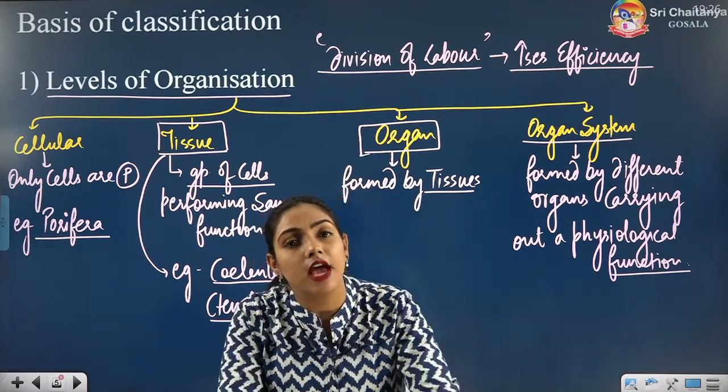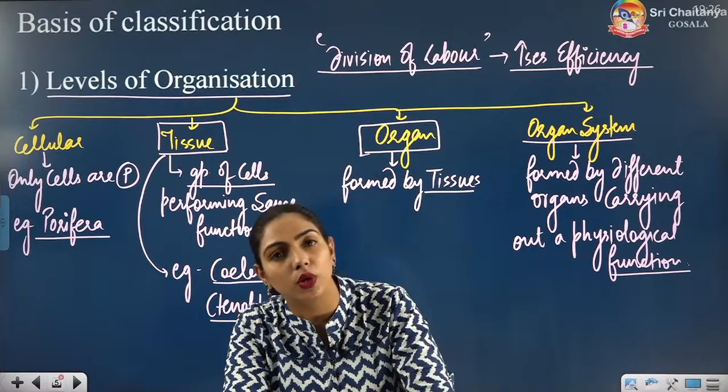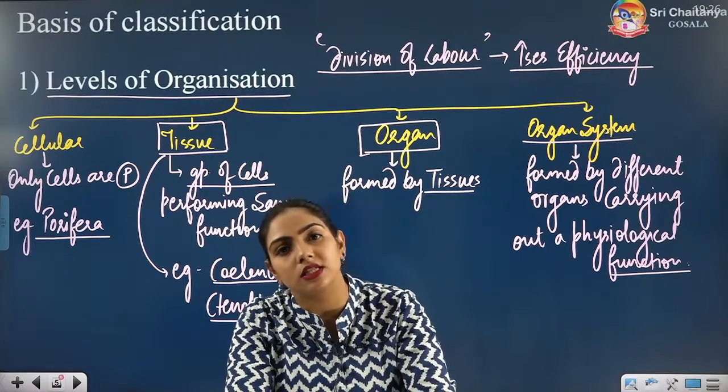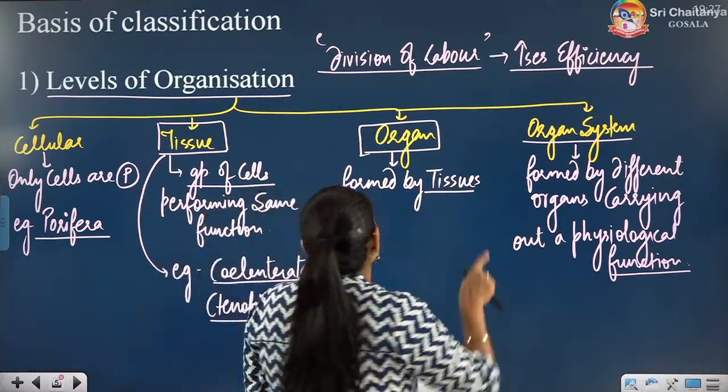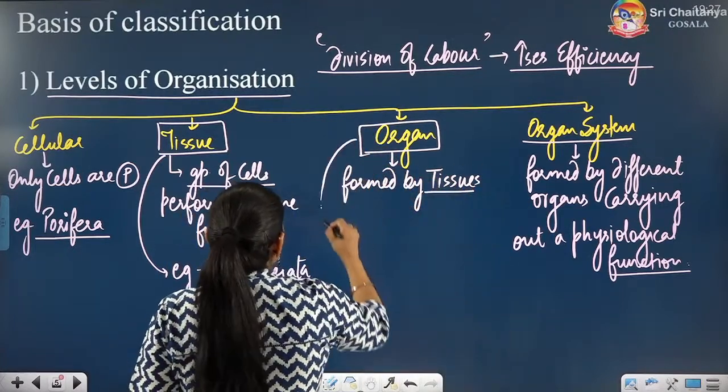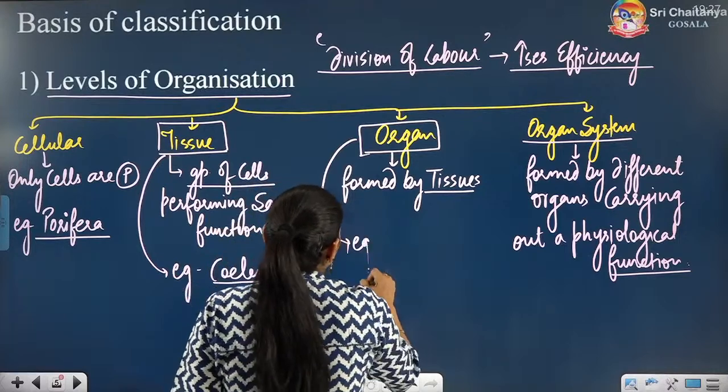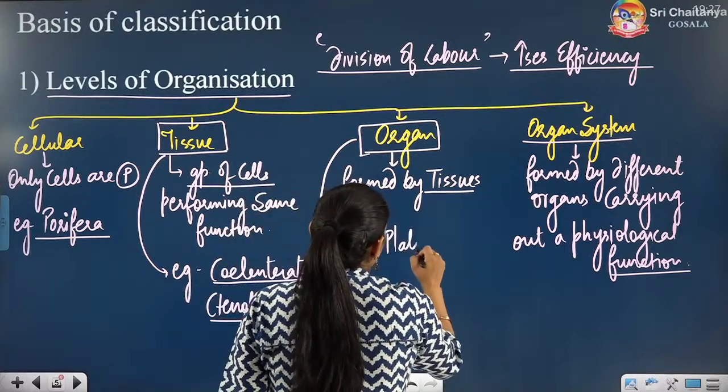Just like that, we have so many organ systems like circulatory system, reproductive system, excretory system, right? So many organs are there in all these systems. In which phylum have we seen organ level of organization? In the phylum Platyhelminthes.